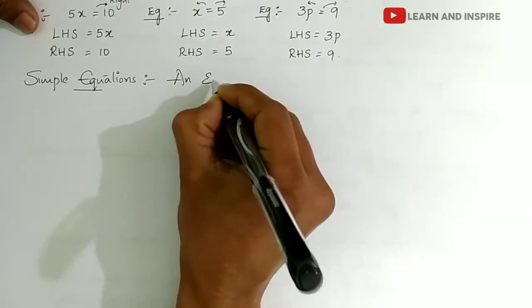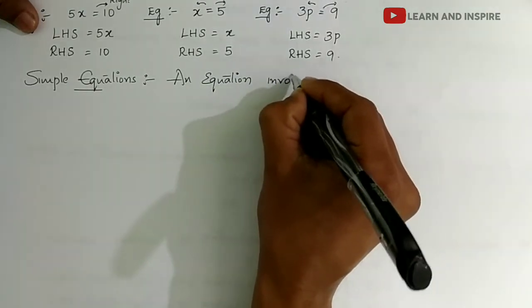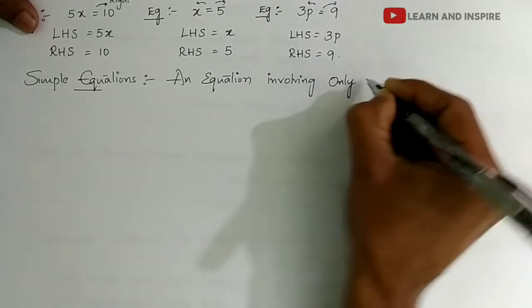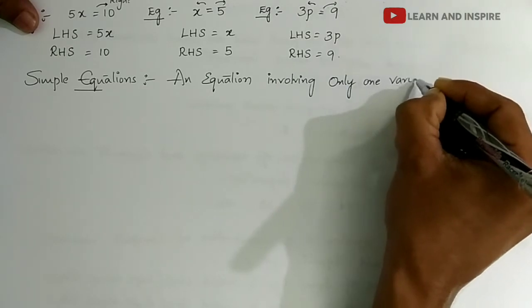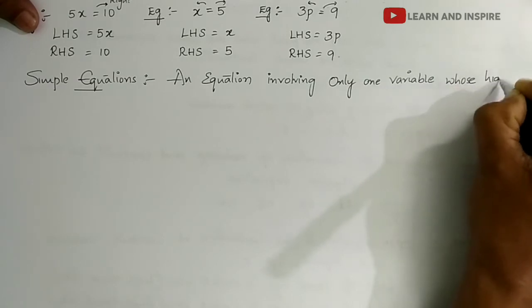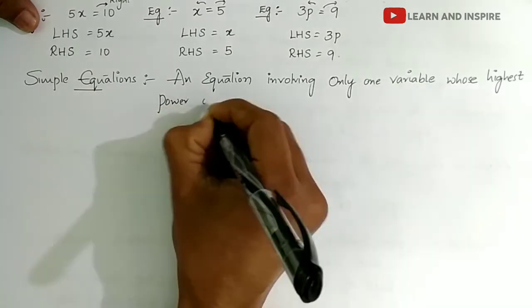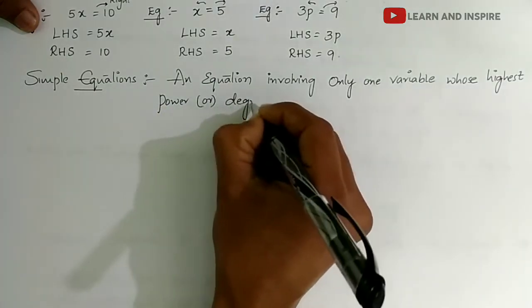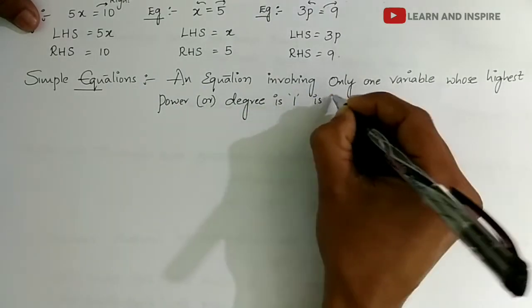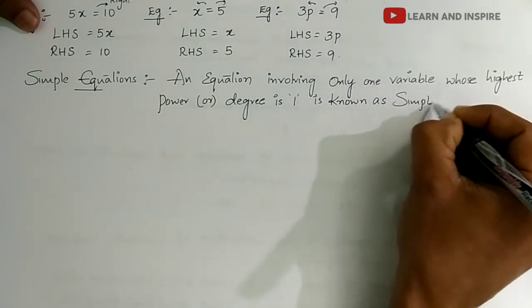An equation involving only one variable whose highest power, or we can write degree, is 1, is known as simple equation.